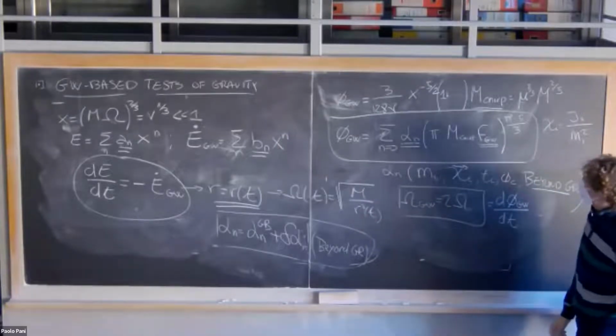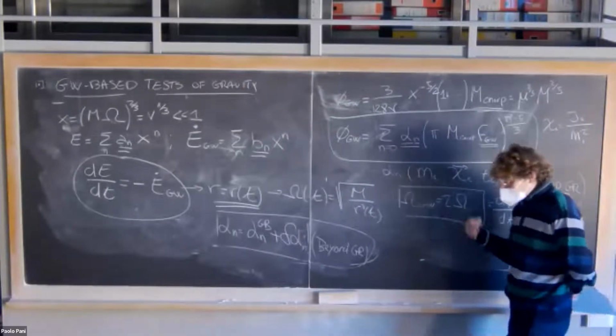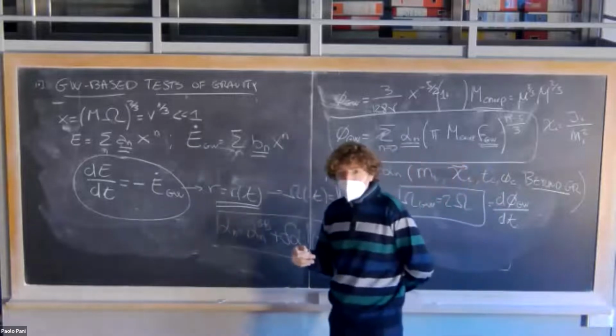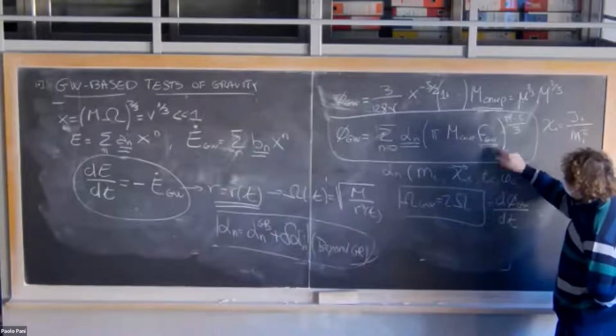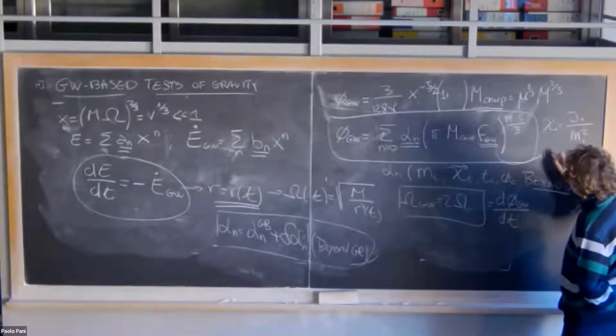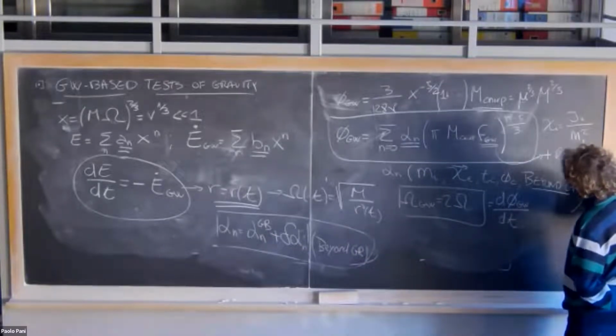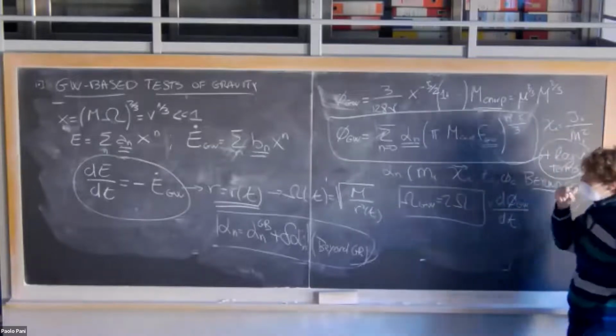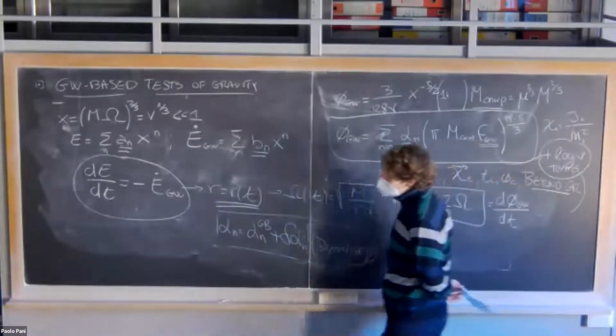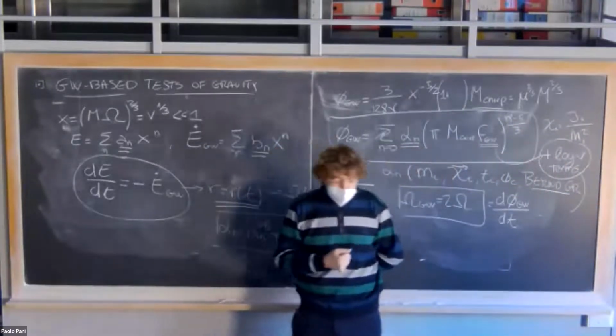Let me also mention that because of back reaction effects in the post-Newtonian series, there are also inside here terms which I would call plus log v terms. So there are terms that depend also on the logarithm of the orbital velocity.